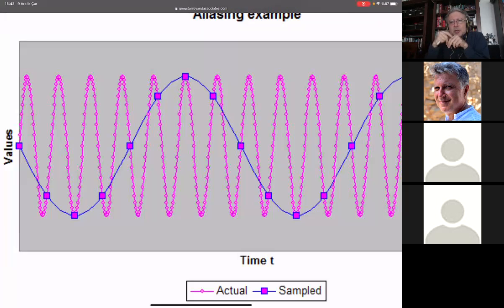Suppose that you are watching a wheel that is rotating, or the wheel of a car, for instance, or a rotating wing propeller of an airplane. It's rotating.